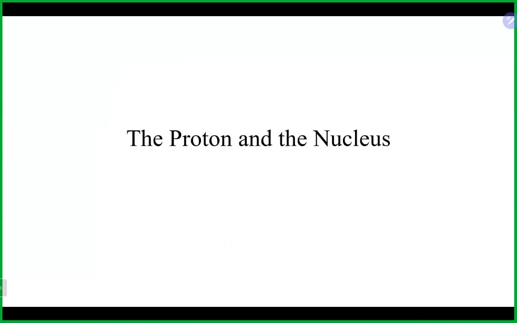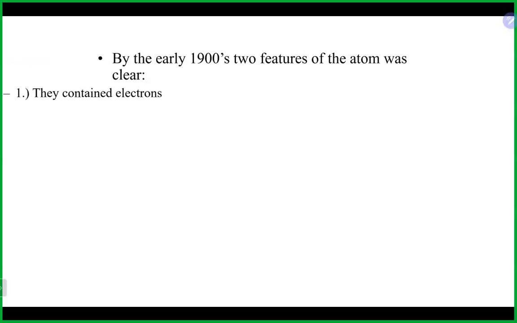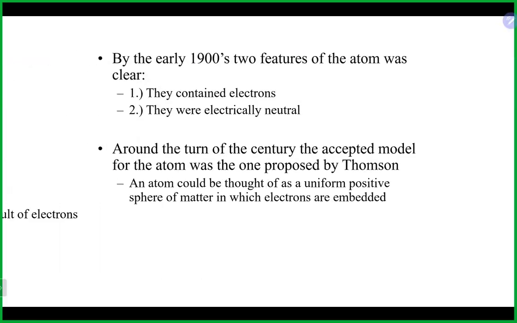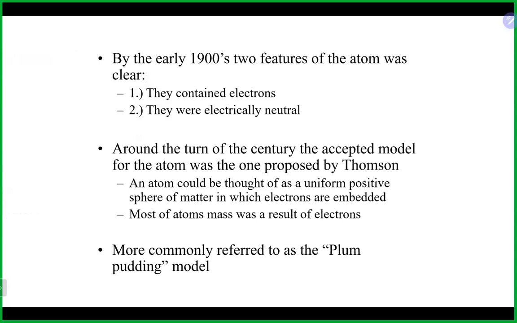The next idea about the atom, eventually getting to protons and the nucleus, was that at this point, they really believed a couple of things about the atom. They believed that it contained electrons, and also that it was neutral.